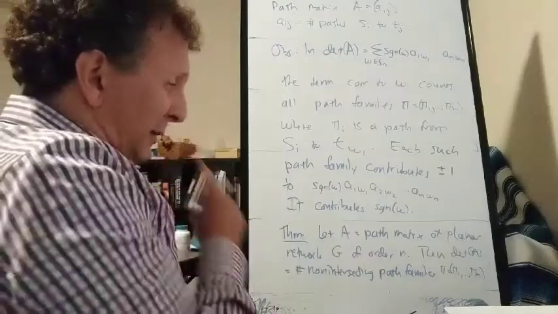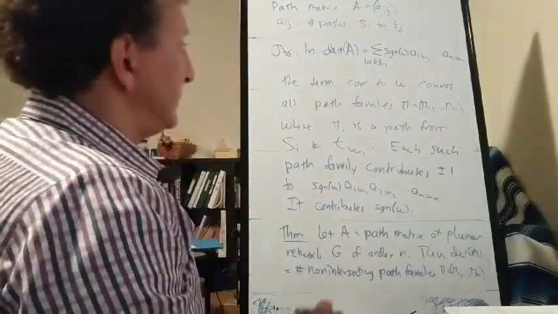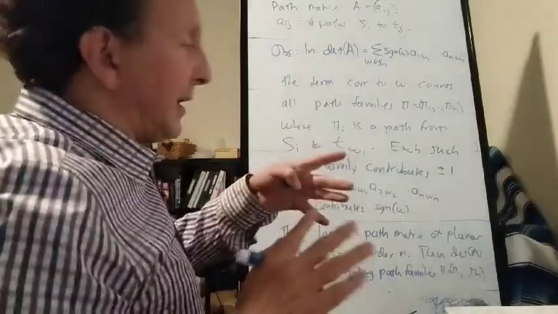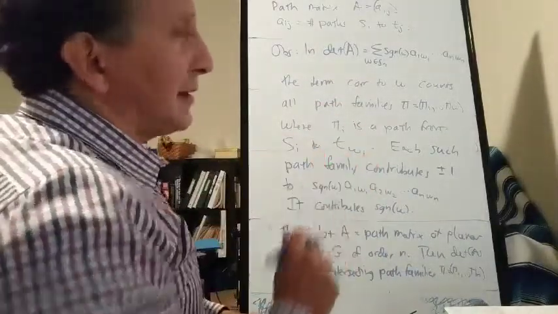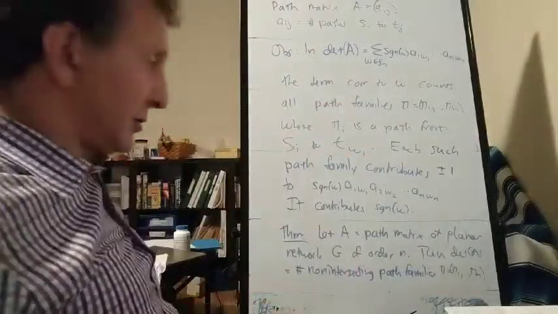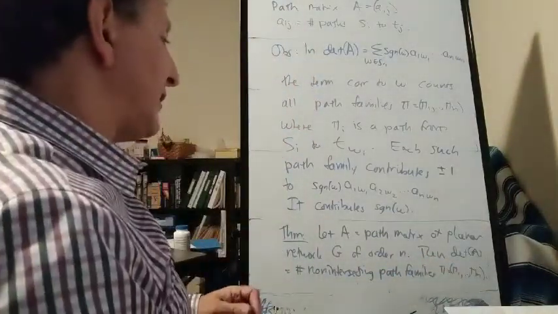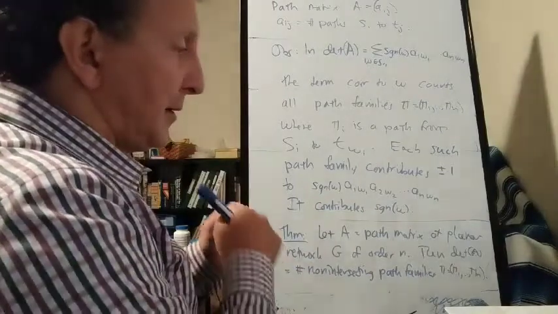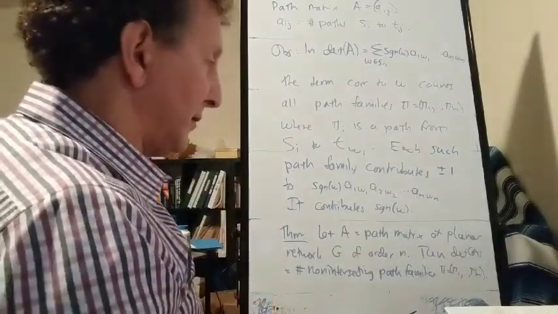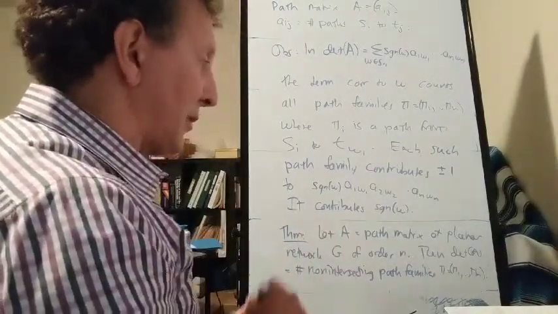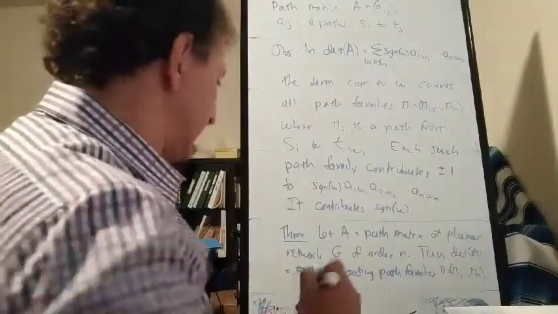Now they'll necessarily be of type identity because we can't have any permutations other than the identity if none of the paths are allowed to touch. So it counts the number of non-intersecting path families pi 1 through pi n, where pi i is a path from source i to sink i.